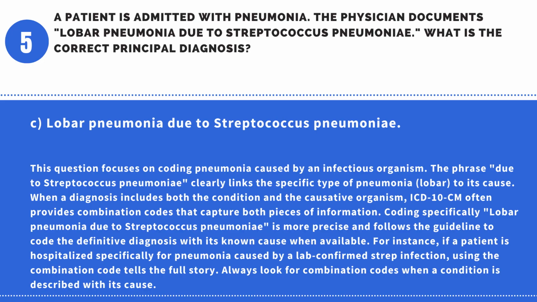Coding specifically lobar pneumonia due to Streptococcus pneumoniae is more precise and follows the guideline to code the definitive diagnosis with its known cause when available. For instance, if a patient is hospitalized specifically for pneumonia caused by a lab-confirmed strep infection, using the combination code tells the full story. Always look for combination codes when a condition is described with its cause.